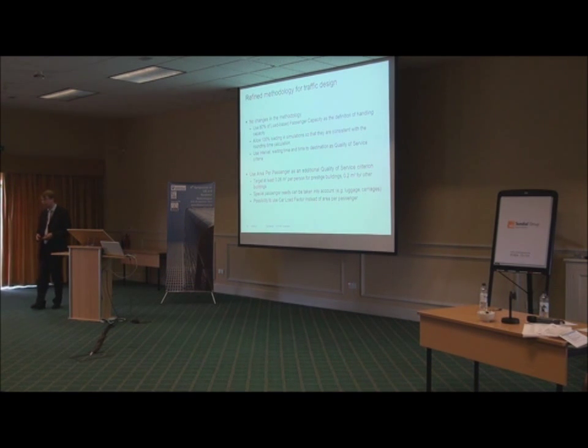So we propose a slightly refined way of doing traffic design, in which most of the stuff remains the same as earlier, use the 80% car load factor and so on, but then take this area per passenger as an additional quality of service criterion.